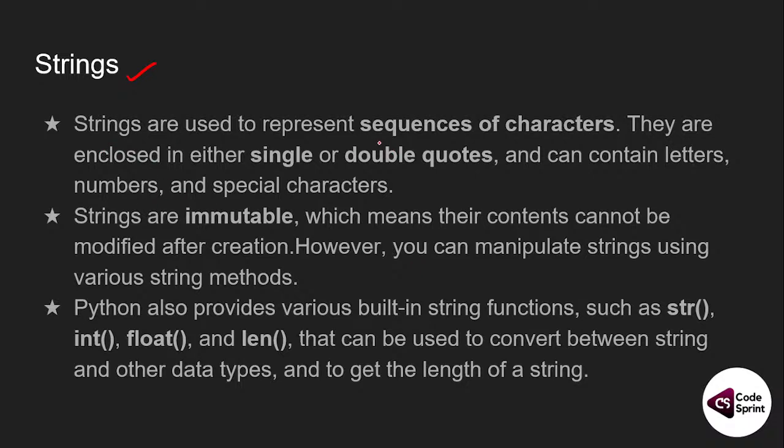We use strings for the representation of a sequence of characters, which can be enclosed within single or double quotes, and which can contain letters, numbers, or special characters. Strings are immutable and cannot be modified after creation.